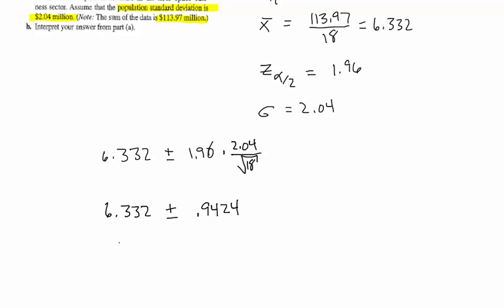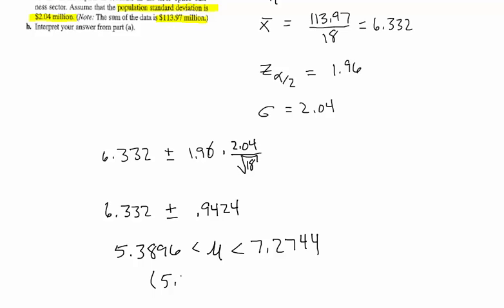So now I have 5.3896 is less than mu is less than 7.2744. And remember, this was in millions of dollars. And you might also see the answer just with parentheses.